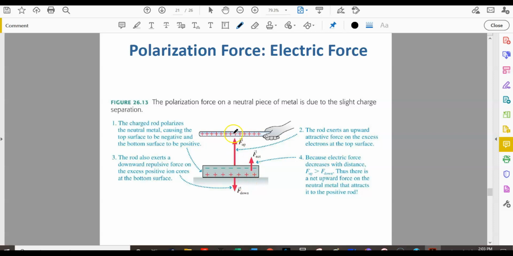Since these protons are further away than these protons, that electric repulsive force is going to be small in comparison to these electrons being so close to these protons. And that's going to be a much larger force. So adding these 2 things up, by using vector addition, you get a net force up. And that is the Coulomb force, and that's also called the electric force. And that's the reason why the negatively charged balloon will stick to a wall, because it's the opposite in this case.